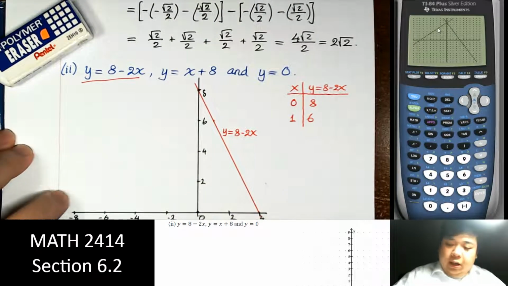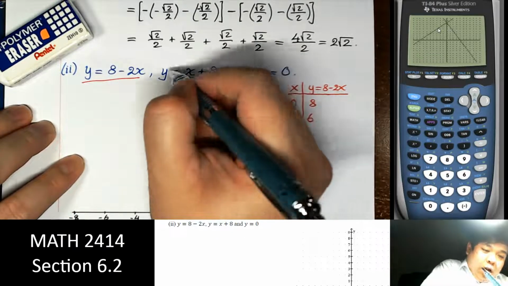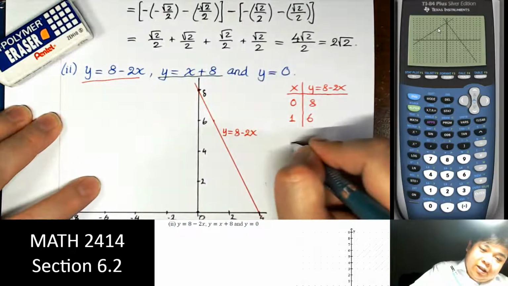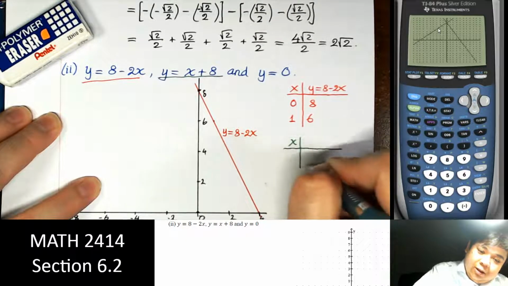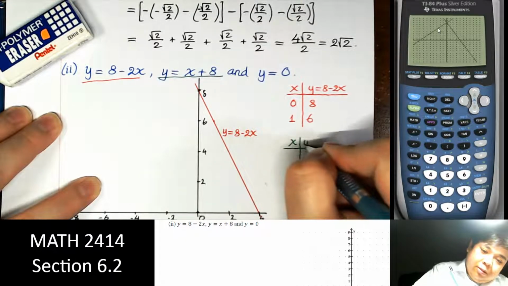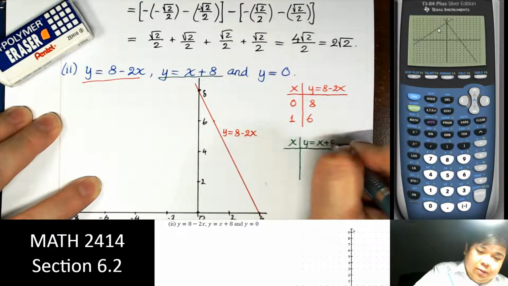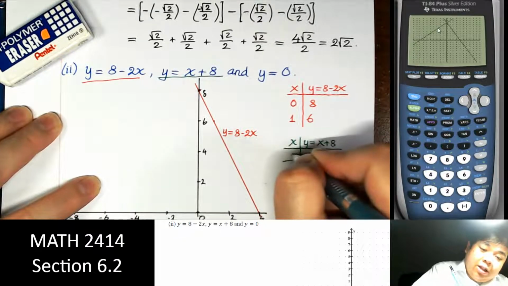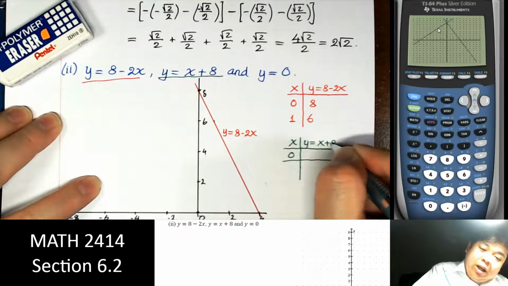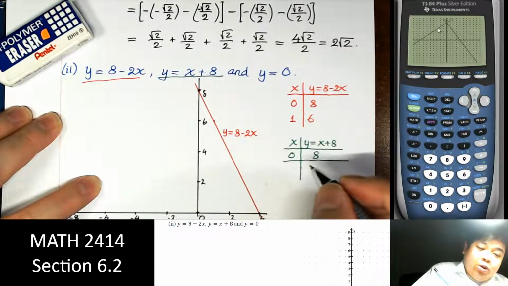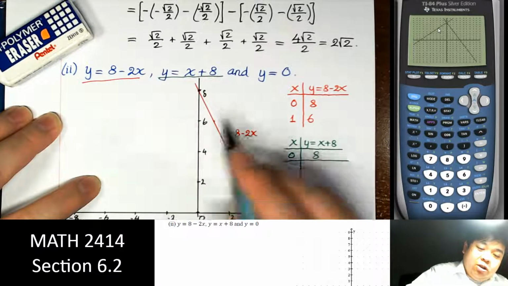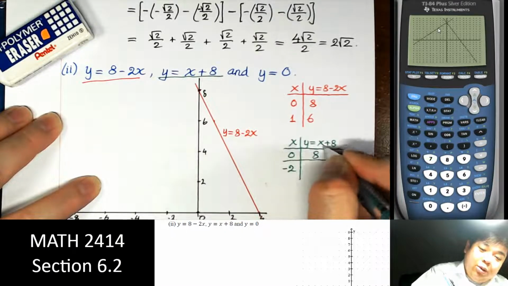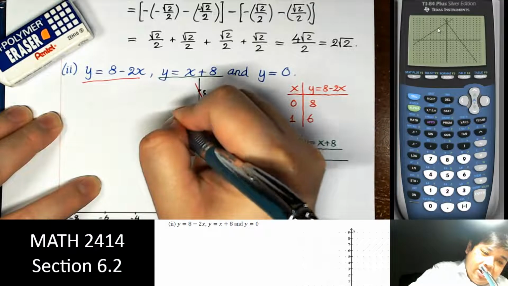And then next we have y equal to x plus 8. X equal to 0, y equal to 8. X equal to 1, y equal to 9, but that's not on the screen, so choose something else, like negative 2, it's going to be 6.